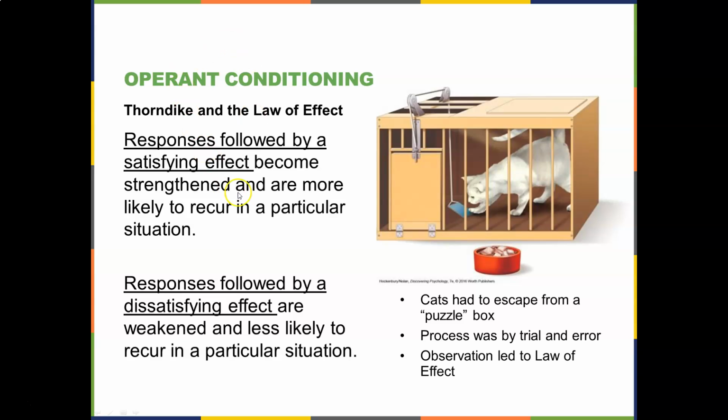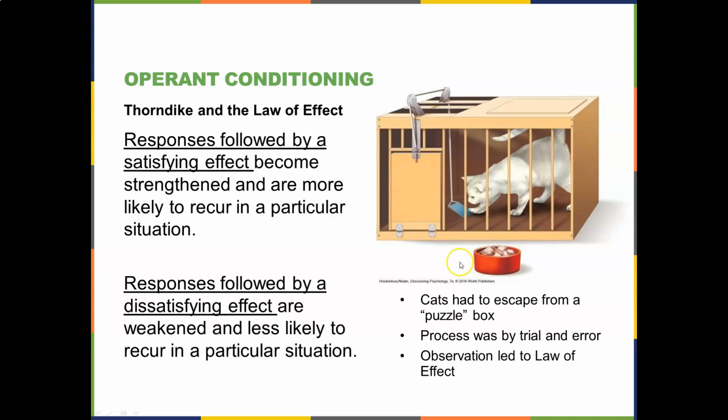He had these puzzle boxes, and he would put a cat inside the puzzle box, and then put some food outside of the puzzle box, and then the cat would start, through trial and error, trying to do things until eventually this little doorway would open, and then the cat could come and eat the food.